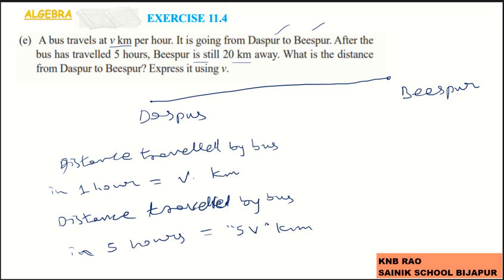Now 5v kilometers. From Daspur to Bispur, after traveling 5 hours, it is still 20 kilometers away. Therefore the distance is 5v and yet to travel 20 more, so this many kilometers. This is the distance. Okay, so you can write with this sentence.